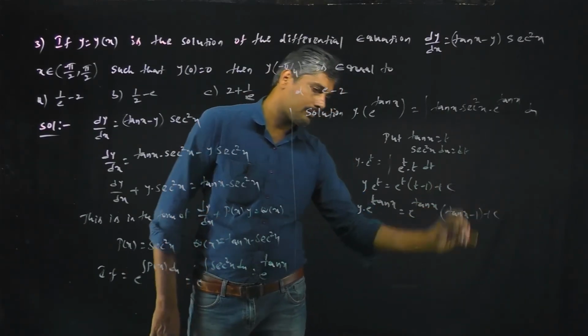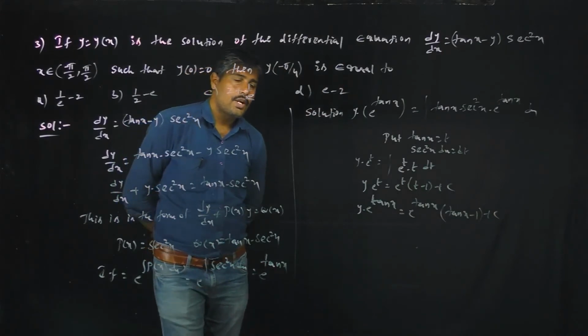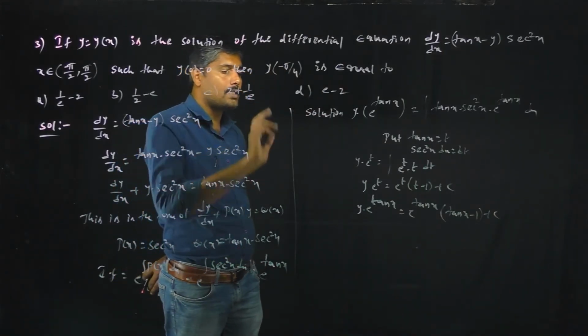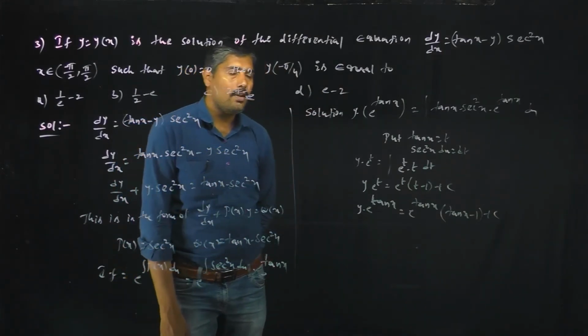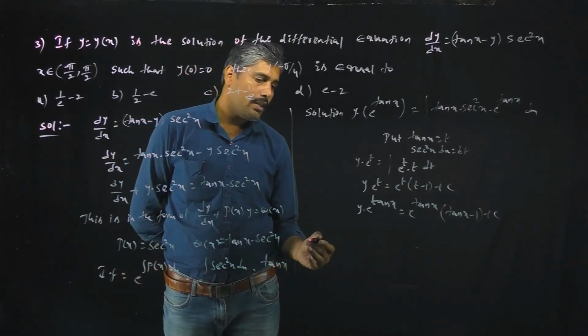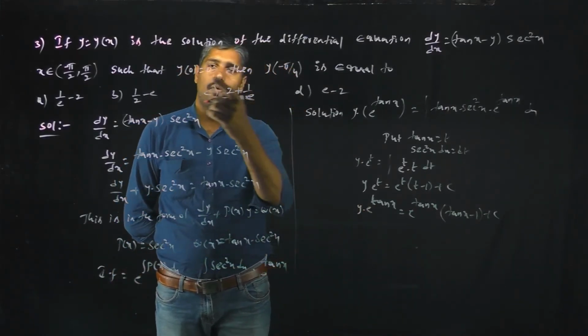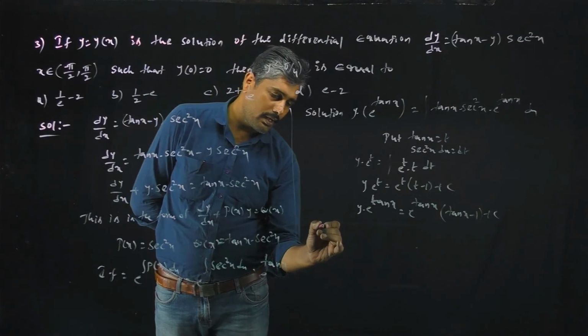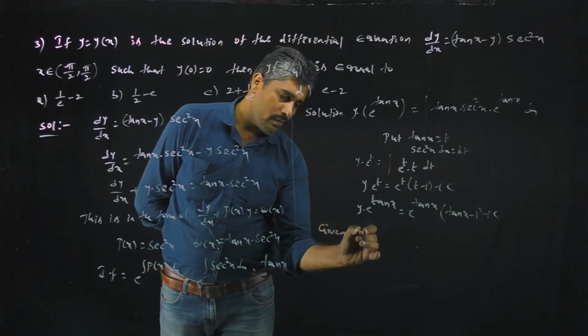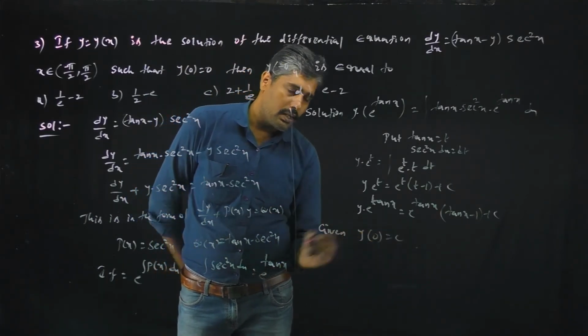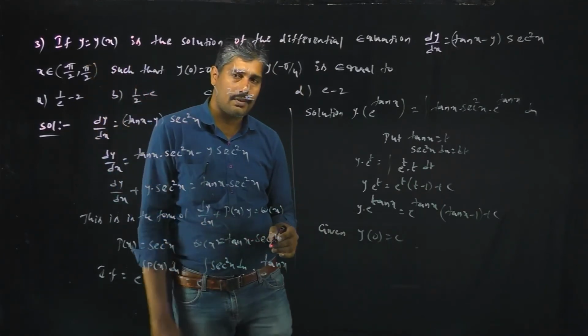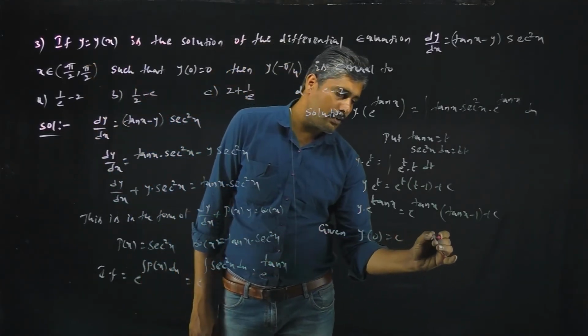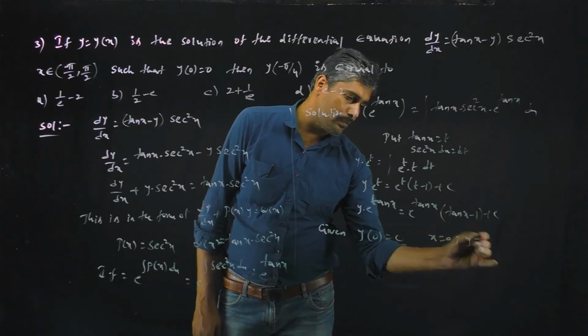Okay, we have to find y of minus pi by 4. First, given y of 0 equal to 0. Given function is y equal to y of x, right? Therefore, here x equal to 0 and y equal to 0.